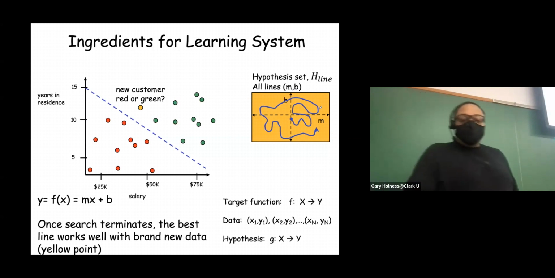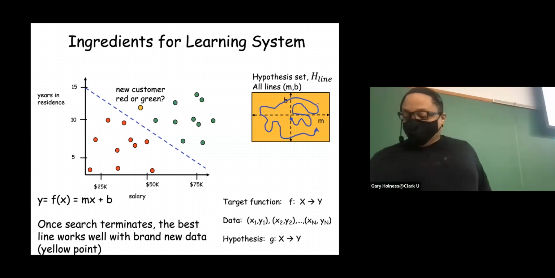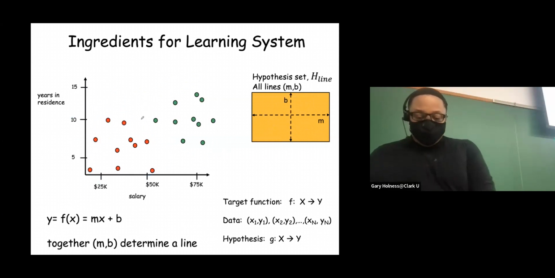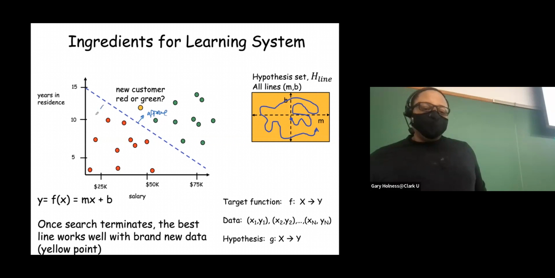So now you take your final best hypothesis and you apply it. And it either says this new person is approved if it projects on the positive side of the line, or denied if it projects on the negative side of the line.